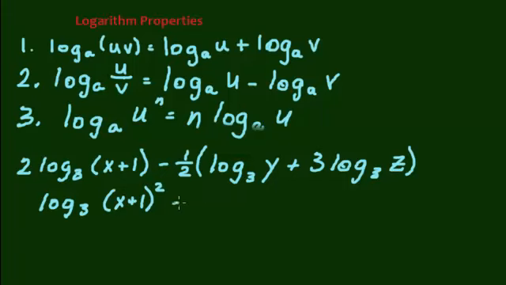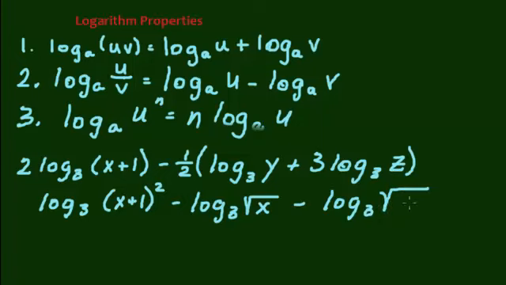I'm going to say that it's minus log base 3 of the square root of x, and then I'm going to have minus, and then we'll say log base 3, and this is going to be the square root of, because this 1/2 is being distributed all along through there, z cubed.